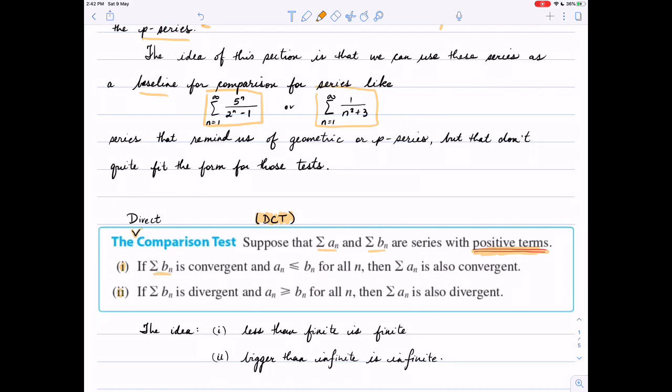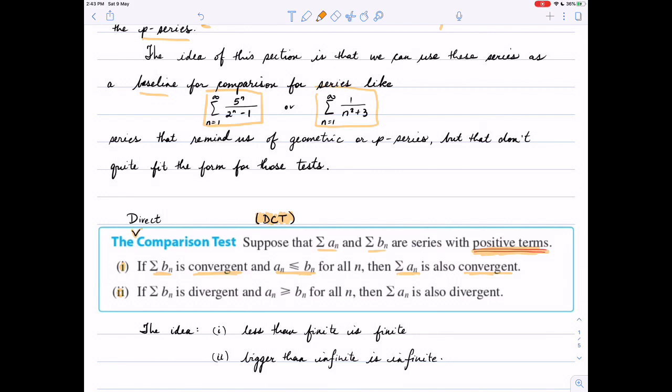If the sum of b sub n is a convergent series, and if every single a sub n term is less than the b sub n terms, then the sum of a sub n is also convergent.